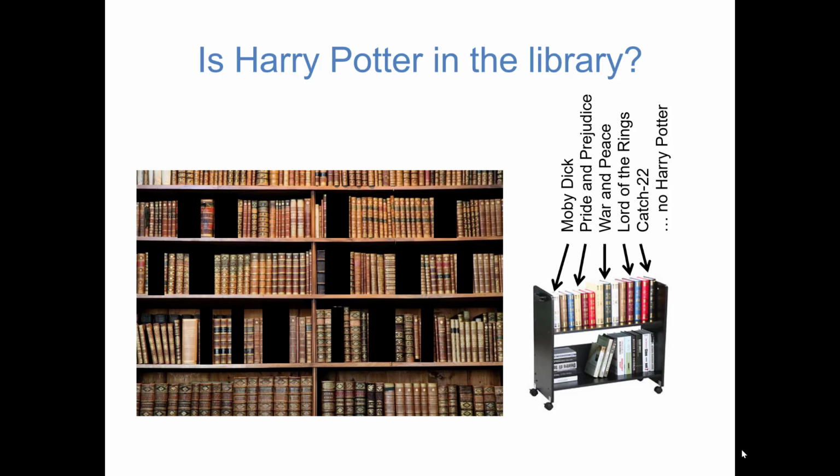So obviously Harry Potter isn't here, right? I mean, that's ridiculous. You would just go look it up based off of the author's last name, some statistic that you knew about the book ahead of time, and say, okay, it's written by J.K. Rowling, let's go look in the R section of the library, and then try to pull it off the shelf.